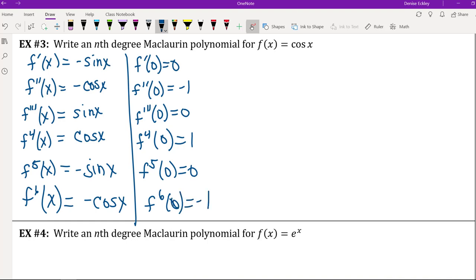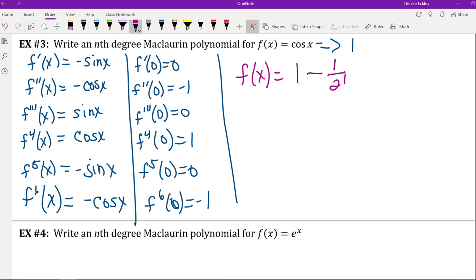Okay, so of course our f of 0 here will equal 1. So our Maclaurin polynomial will look like this. So we do have a first term. There's our f of c, our f of 0 is 1. And then our first derivative will be 0. Our second one is going to be minus 1 over 2 factorial, and then we're going to have x squared.